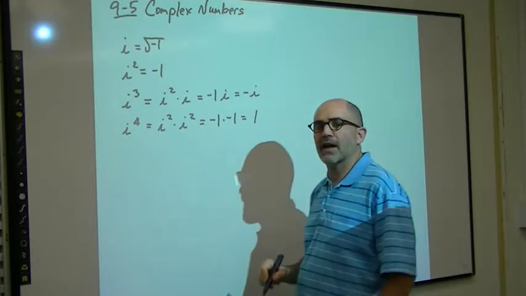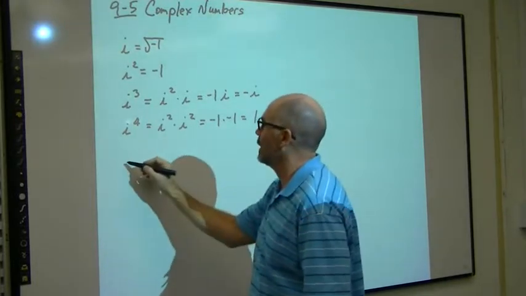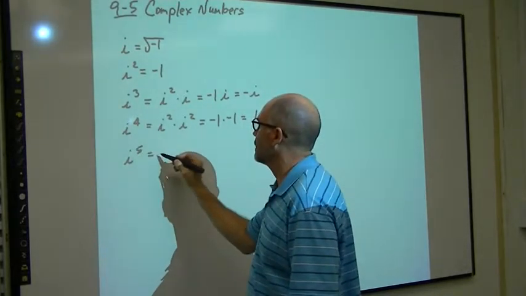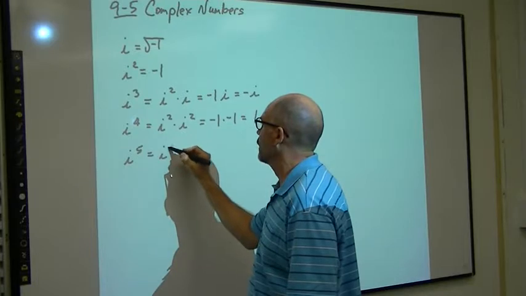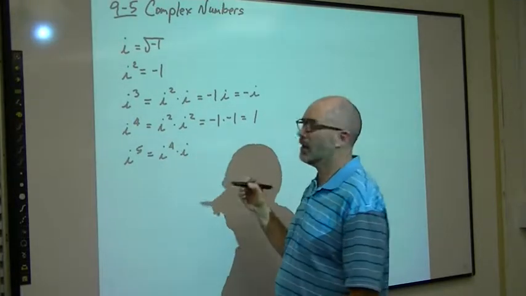Now, if I go i to the fifth, I'm going to just start this cycle all over again. So i to the fifth is going to equal i to the fourth times i. And remember, i to the fourth is 1.